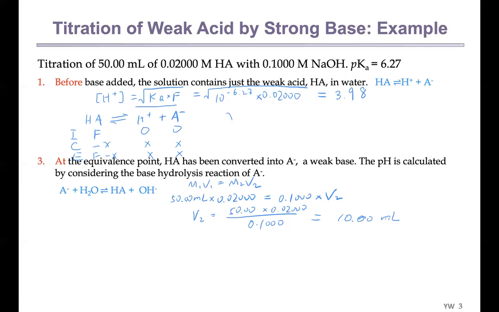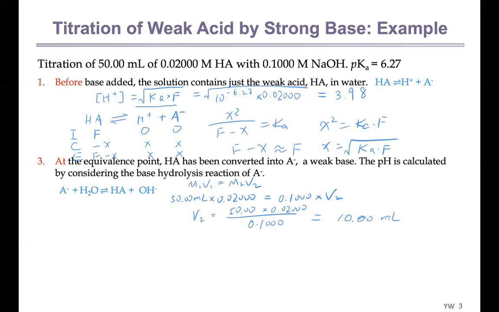And x squared divided by F minus x is Ka, right? And we assume that F minus x is approximated as F. So x squared is KaF. X is the square root of KaF. This is how you calculate the weak acid, that previous content.